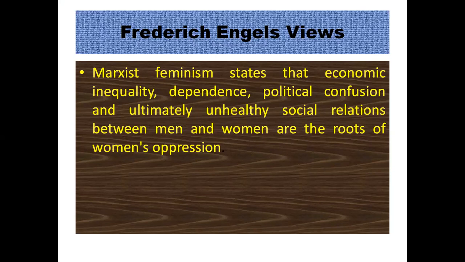In short, Marxists argued that women's liberation requires feminists to join the working class struggle against capitalism. Marxist feminists also argued that women's work in biological and social reproduction is necessary.